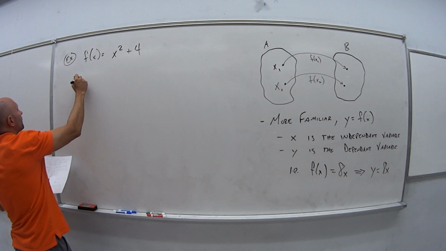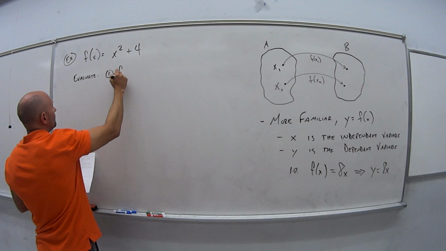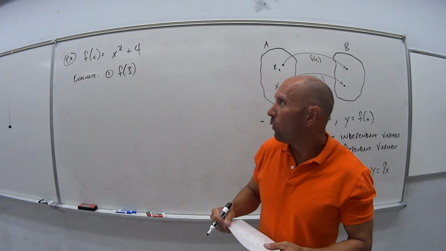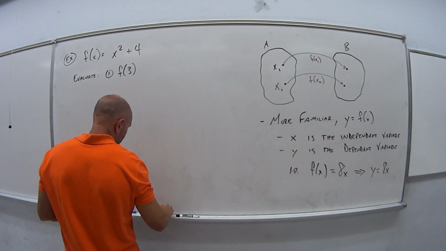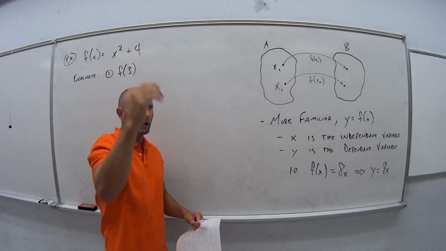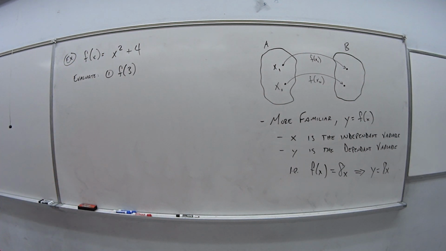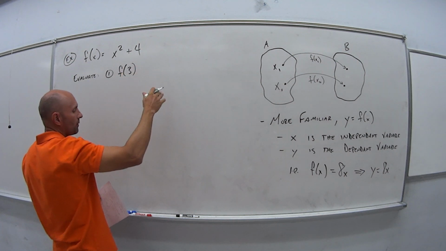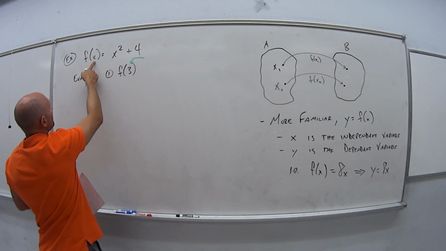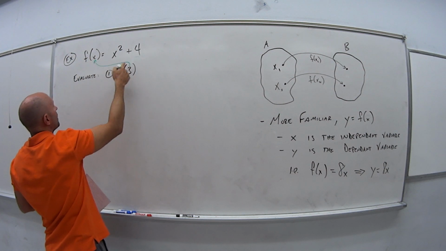So I want to evaluate 3 different values. The first one I want to know is what's f of 3. Well, what this means is, whenever you see this, and I point this out because not just in 126, but 127, 181, any future math classes, when you have f of some value inside, a number, a letter, whatever, this just means, because f of x was this guy, f of 3 is now replace the x.